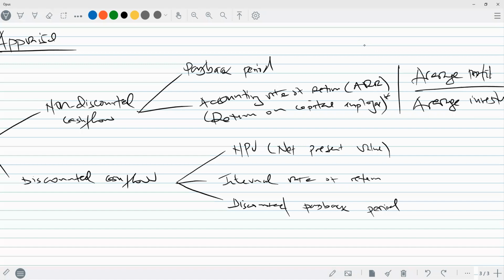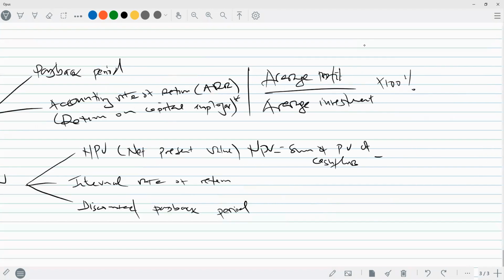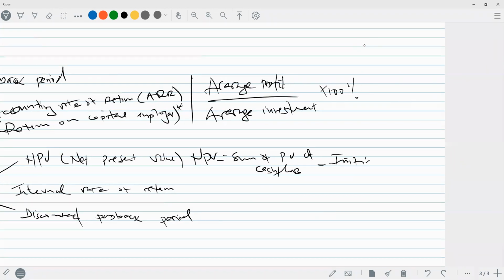So NPV is equal to the sum of present value of cash flows minus the initial investment cost. What was the excess of the present value of cash you earned over the entire life of the project over what you spent? That's what we mean by the NPV, the net present value.